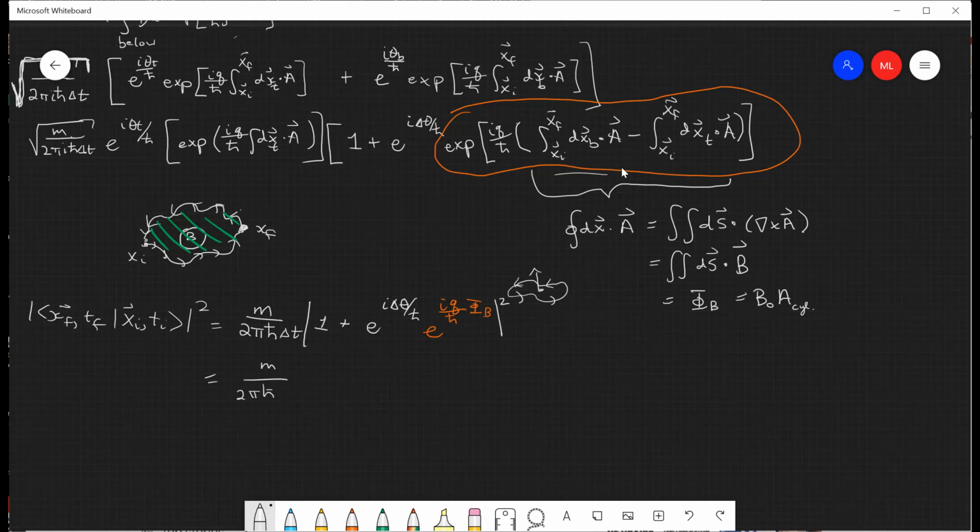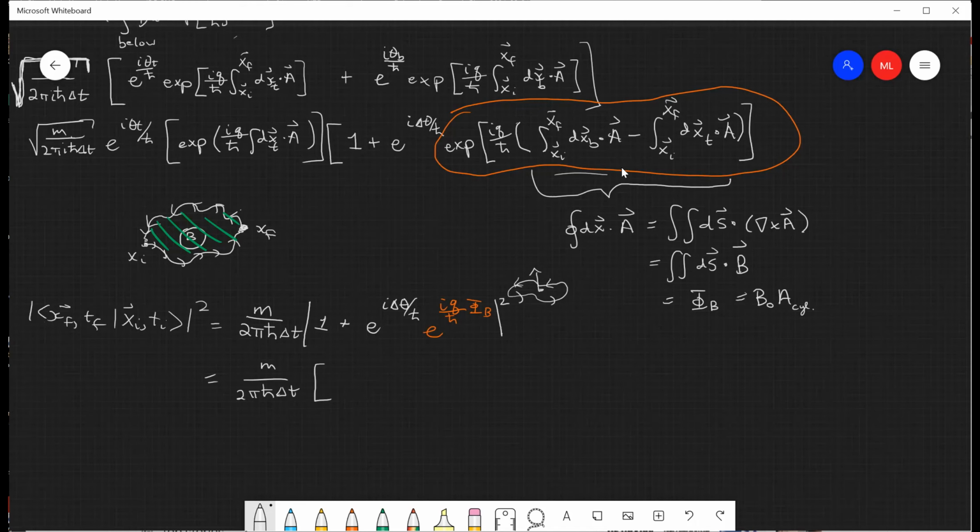And when you take the magnitude squared, it depends on how you want to do it. You could take Euler's formula and expand this into a cosine plus i sine, and then square each of those and add them together.